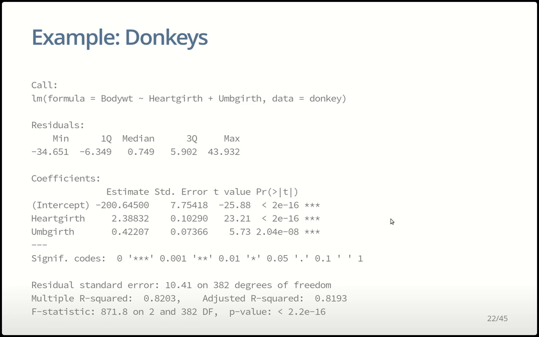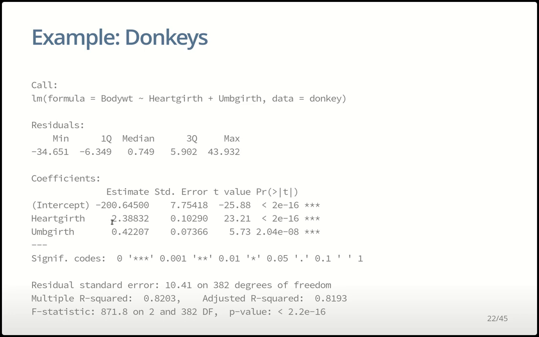The reason that it changes is because what these actually represent is a 1 unit change in heart girth with everything else staying the same. So assume you had two donkeys with the exact same umbilical girth, but their heart girths differed. One of them had 2 centimeters more heart girth than the other.